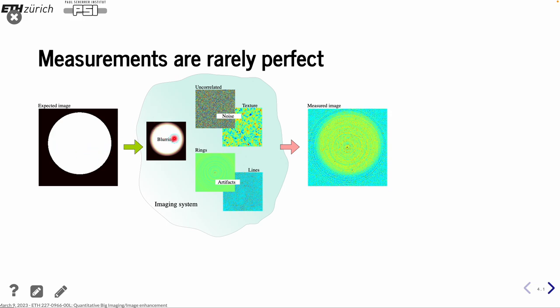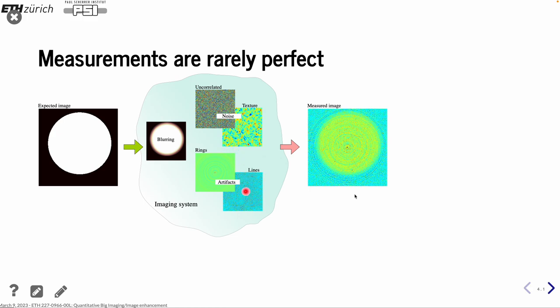So what is happening, you will have some blurring, and due to the electronics and to the method you are using to capture the images, you can get some noise, you can get uncorrelated noise, and you can get some textured noise, and this will then corrupt your image in some way. Then if you do tomography, for example, you will see ring artifacts, which are barely visible in this light.